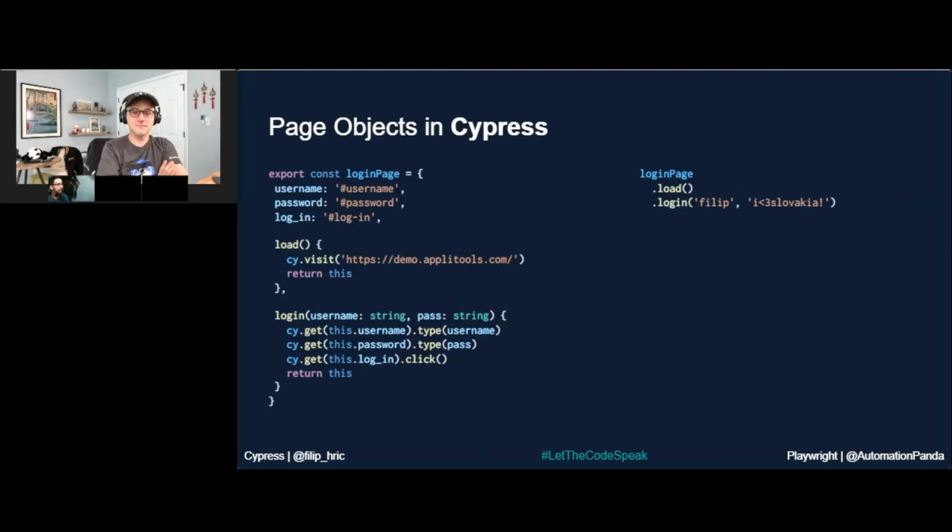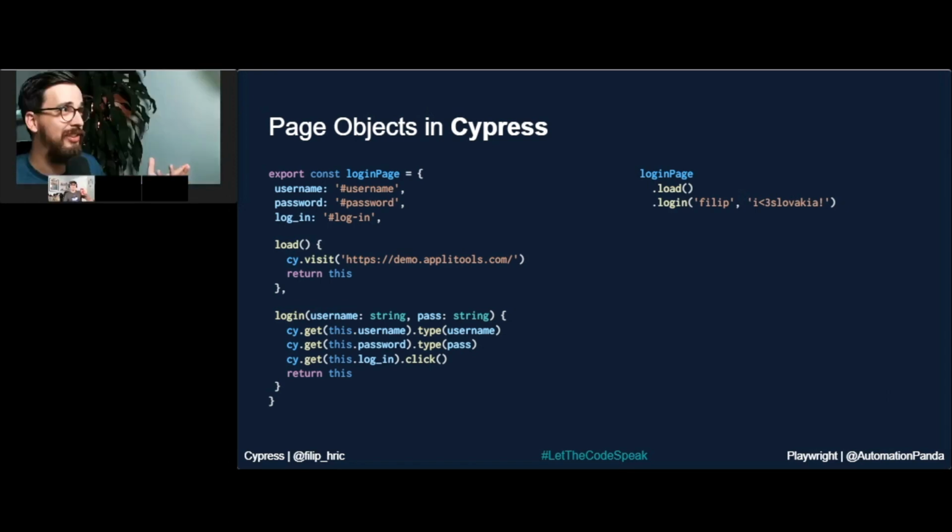Yeah, so basically a page object that you can see here is an object that will have different variables for selectors. So we got our username, password, and login, which we pass on to the login function. And functions are built for interactions.